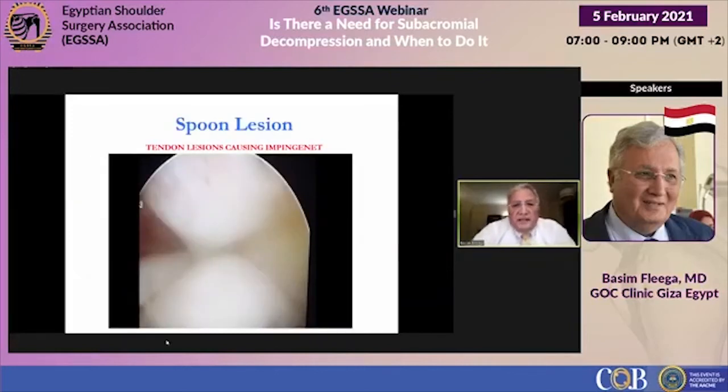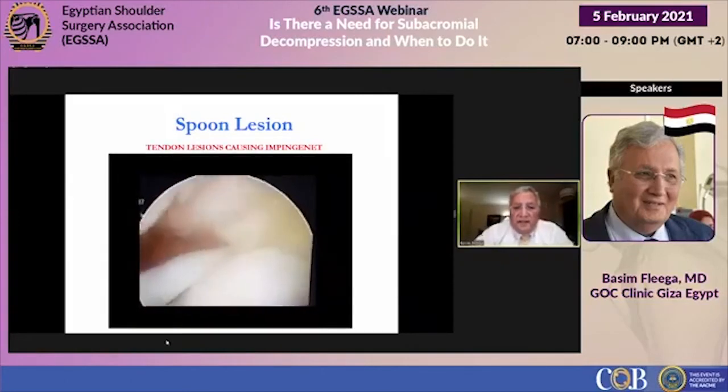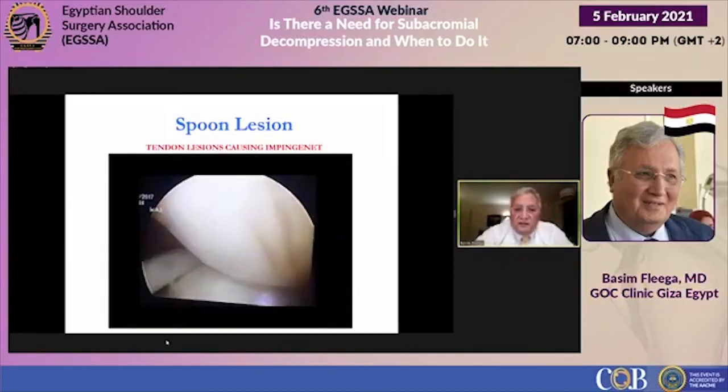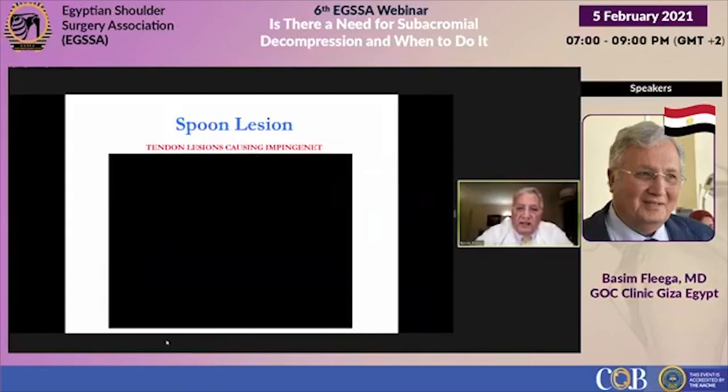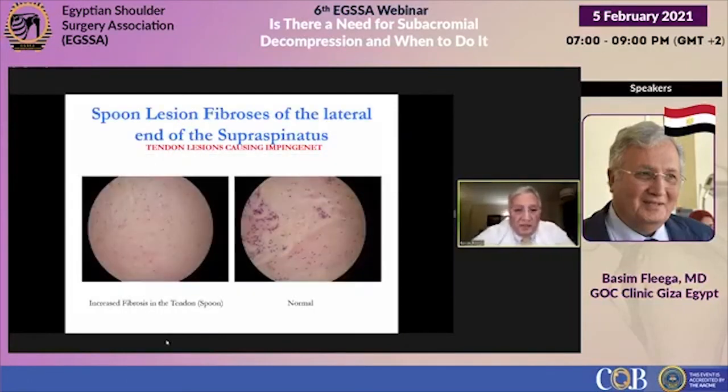Now, this is a lesion which we call the spoon lesion, which we noticed in our clinic, where the supraspinatus is very loose and elongated. It happens mainly in young people, in their 20s to 30s.